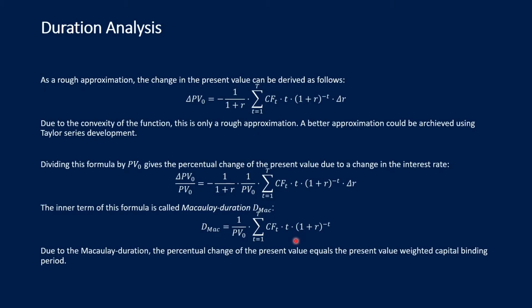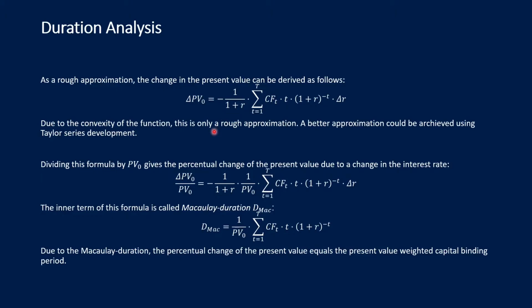A rough approximation of the change in the present value can be derived as follows. So the change of the present value equals the euro duration times the change of the interest rate. But we have a convexity problem in this function, and this is only a linear approximation.